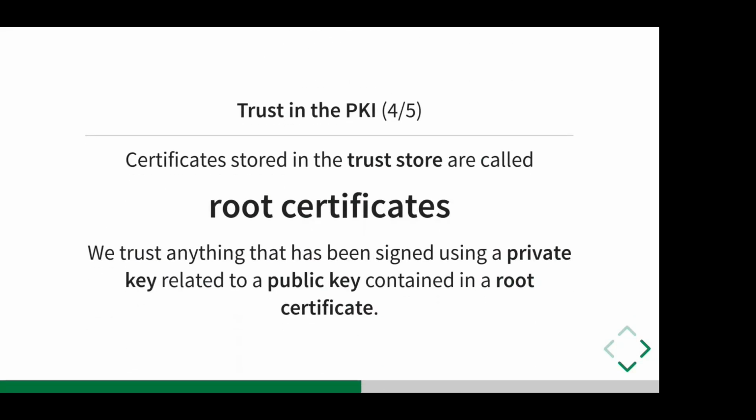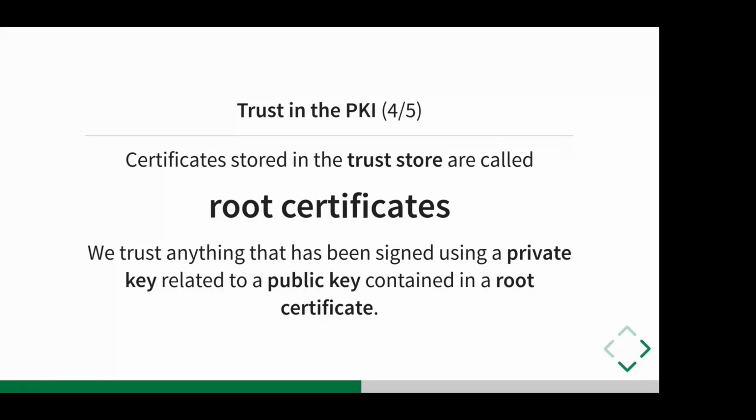So in particular, in this trust store, we find specific certificates, which are called root certificates. They are the same as the one I showed you, but they are called root because they are in the trust store. And what's the idea? We trust the root certificates directly because they are saved in our store.